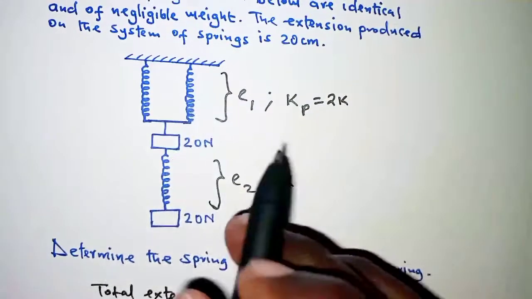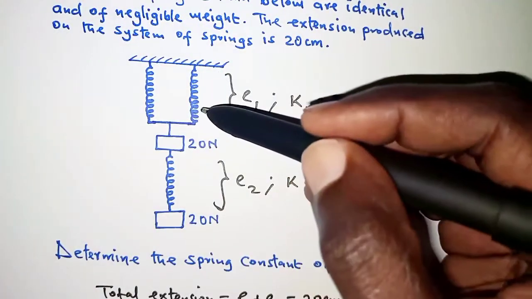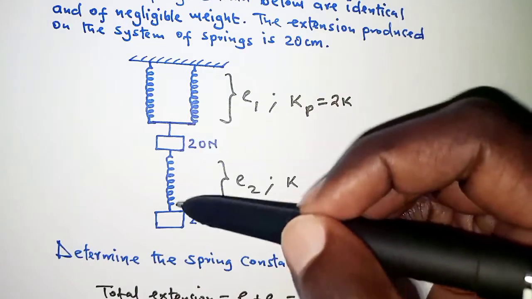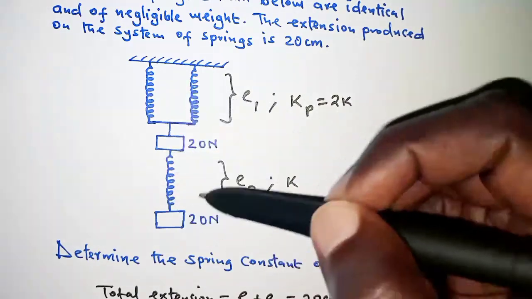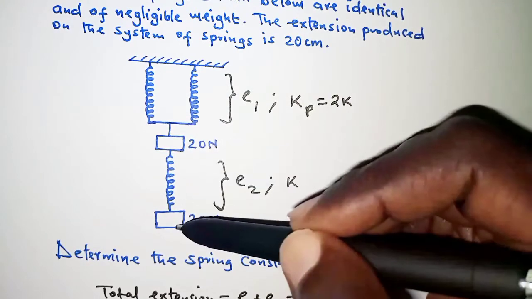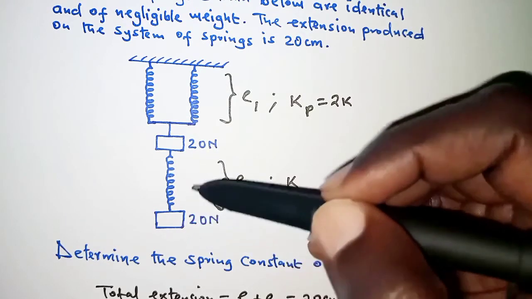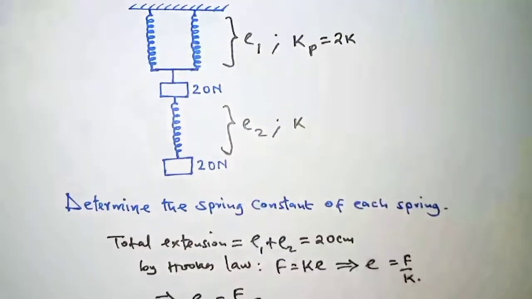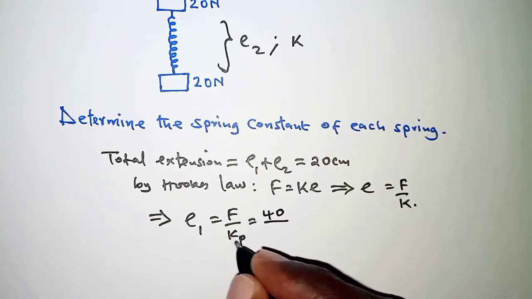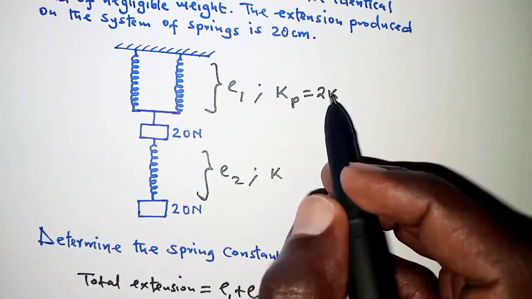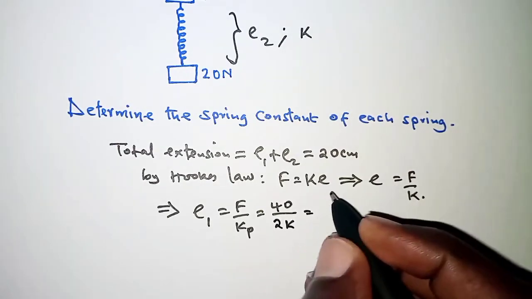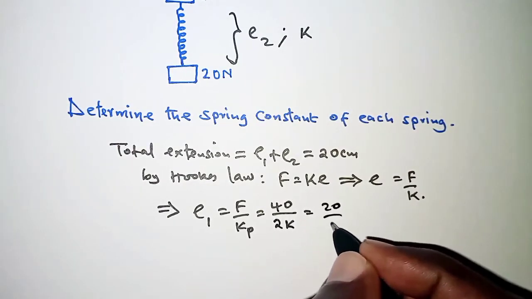The force that the two springs support is 20 plus 20. Remember, the springs are of negligible weight, so we have this 20 newtons load plus the other 20 newtons load, so they support 40 newtons. So we are going to have 40 newtons over Kp, and Kp here is 2K. So we have 2K, and that finally means we have 20 over K.